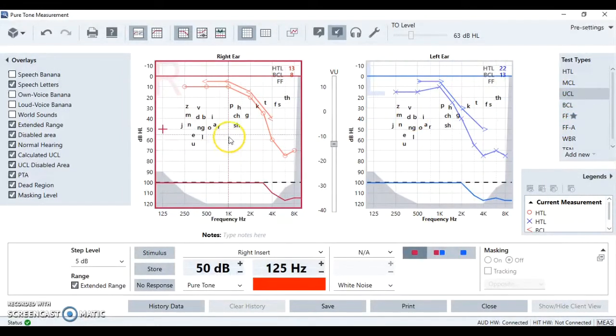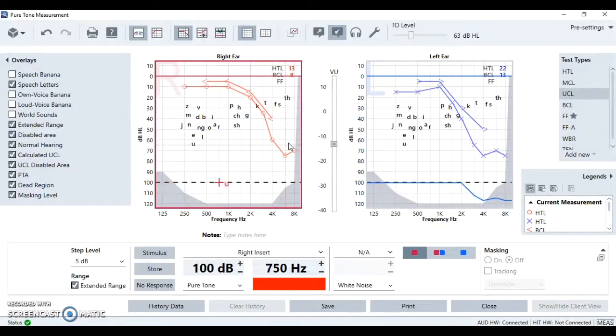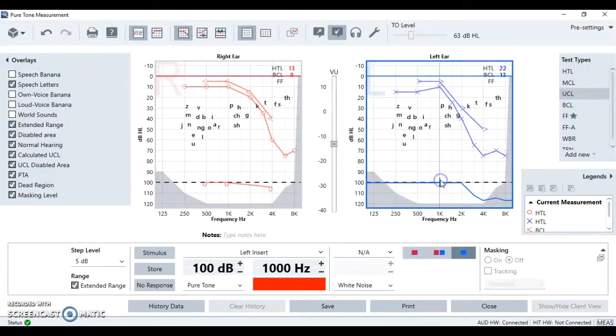Okay, the next thing we do is test the uncomfortable hearing level. So we're going to slowly raise the volume to a point where that sound gets uncomfortable. We don't want it so loud that it's hurting your ears. We want to know, when does it start to get uncomfortable? Now, the difference between your threshold and your uncomfortable level is your dynamic range.